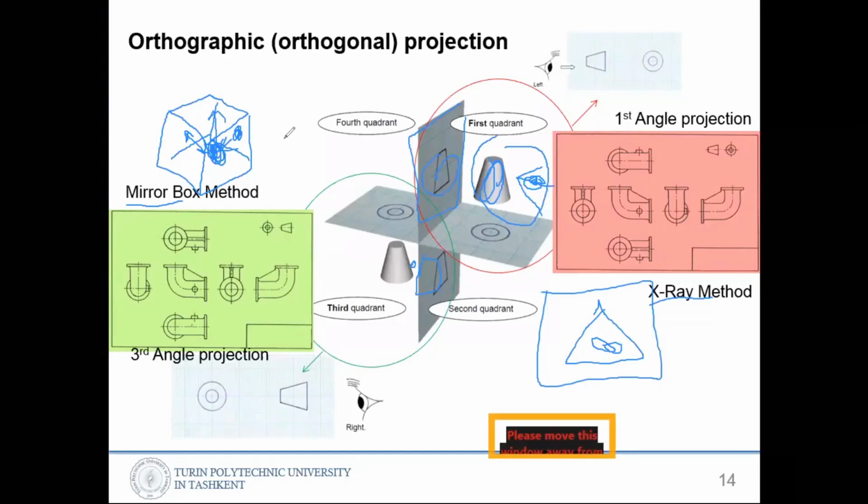So when you open it, the front view appears here, the top view appears in the top, and then this side appears here. Okay, the top is here, and the right hand side appears here. Okay, top, front, and right. So like this. Okay.